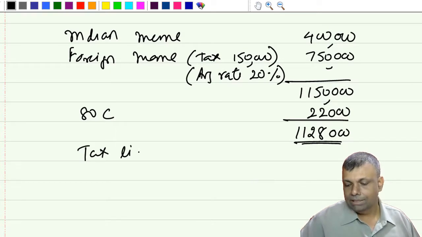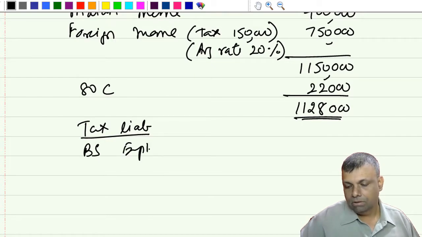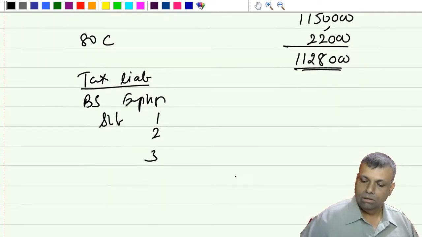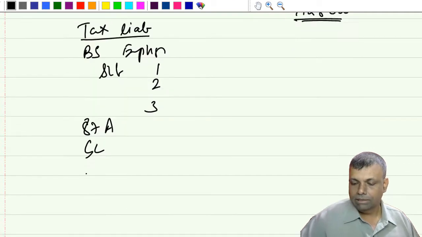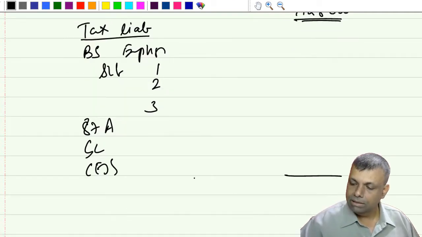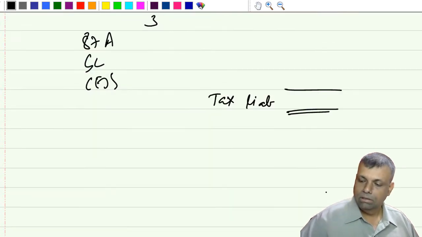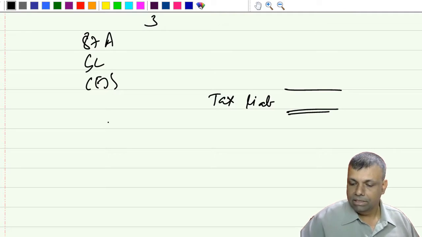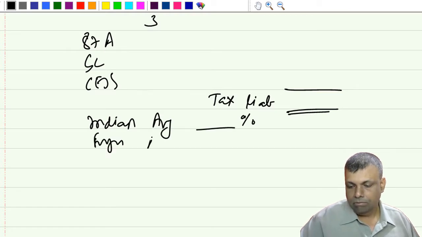Now straight away do the tax liability calculation. Give the basic exemption, slabs 1, 2, 3, rebate under 87A on merits, surcharge on merits, cess on merits, and the total tax liability. Then the Indian average rate. The foreign average rate, 20%, we have already calculated.